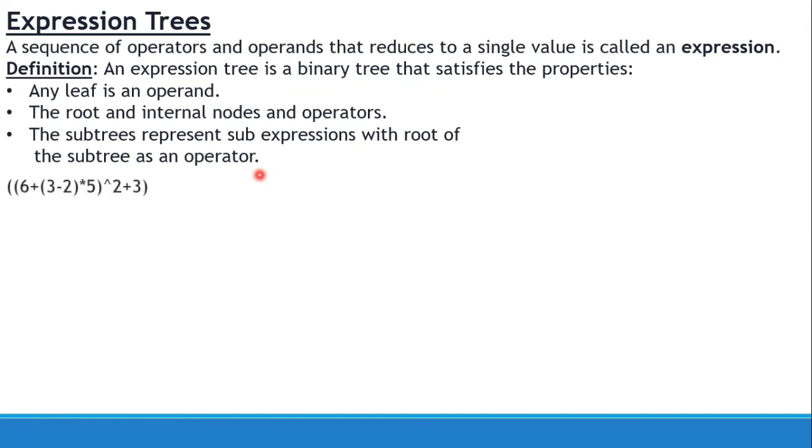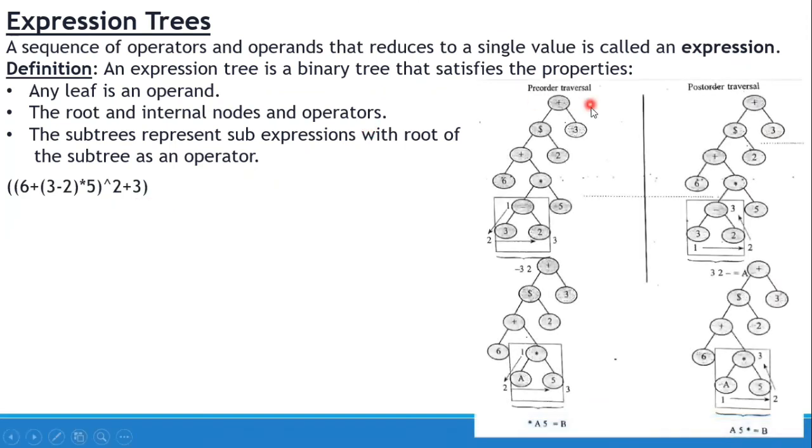So this is an infix expression, and this infix expression can be expressed in pre-order traversal and post-order traversal. This is the pre-order traversal and the right side is the post-order traversal. Whatever result we get, it is just the opposite in post-order traversal.